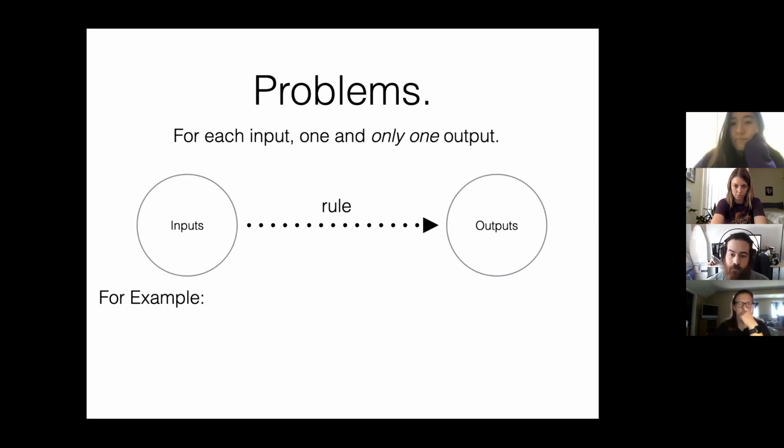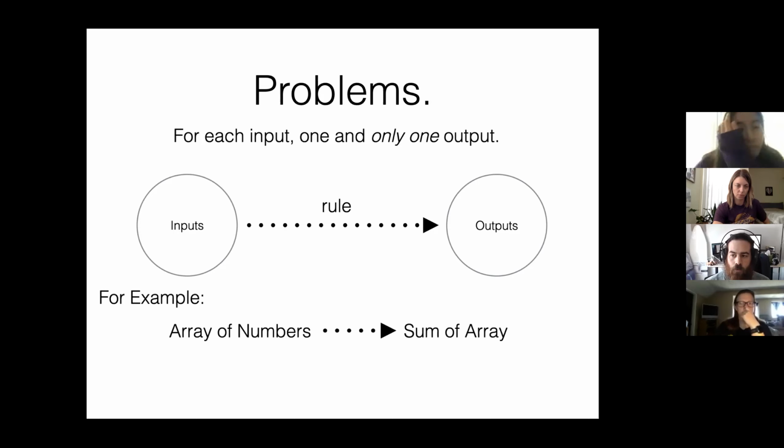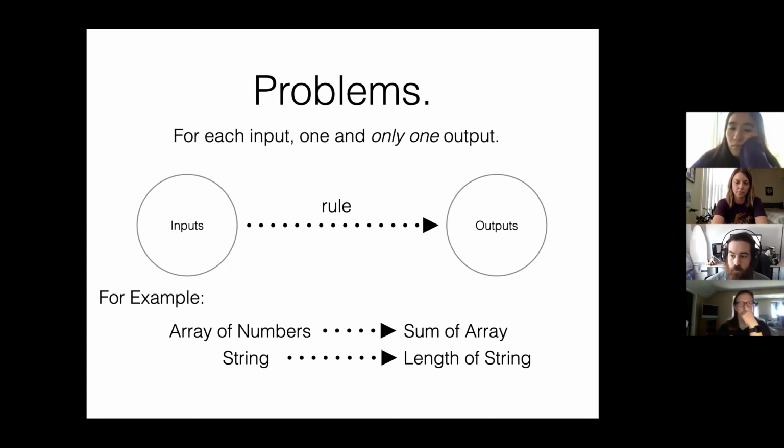Let's give some examples of problems now that we know what the setup is like. These are going to be very simple. We could take an array of numbers and we could give the sum of that array, right? That's mapping an array to a single number. We could take a string and we could ask for the length of that string. It's the length problem. That's mapping a string of characters to a single number.